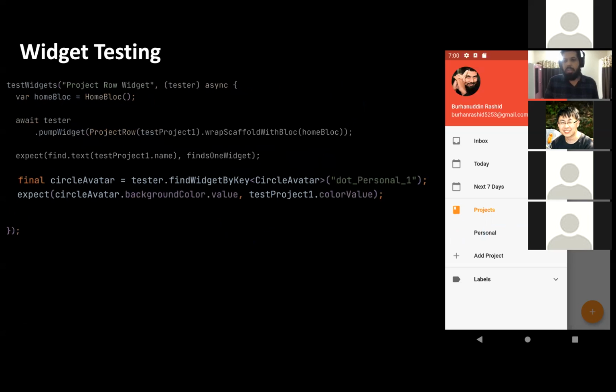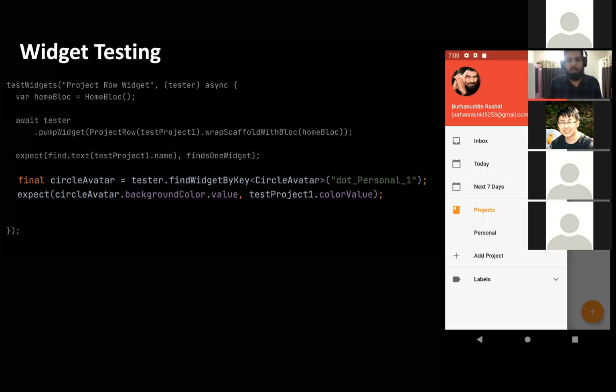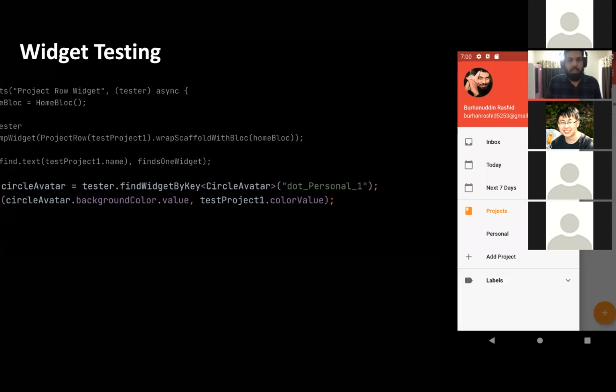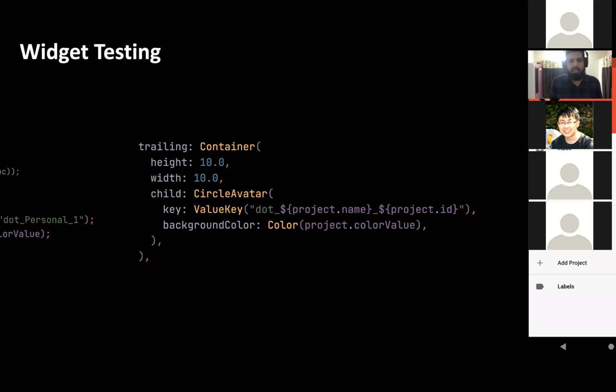Now we are going to test how that dot will look. I am using a tester object and a find widget by key, which is an extension I have created. You can see there is a dot underscore person underscore one. That is the key I have defined dynamically in order to get a specific project. If you see the key, there's a container I have provided a height, and then there's a circle.